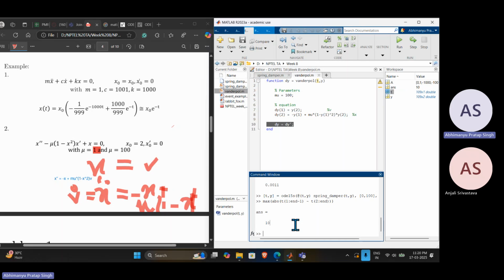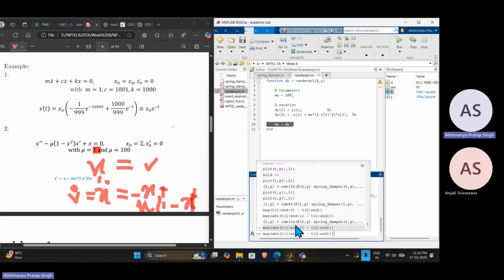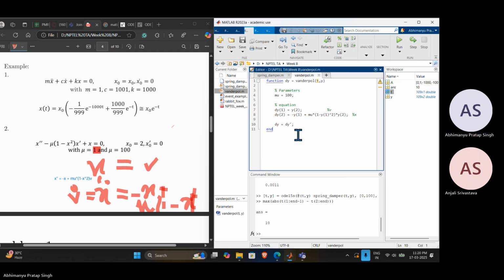Okay. So I will just try to solve this similarly. I only have one parameter, so first I will solve with mu equal to 1.